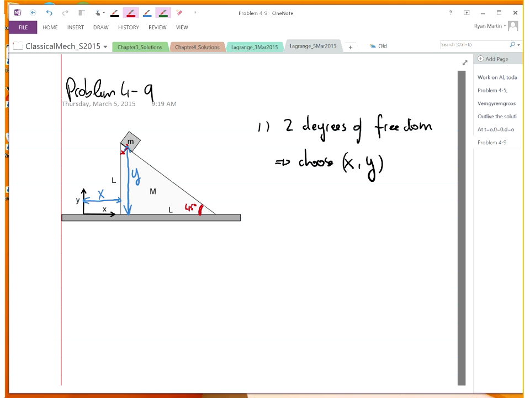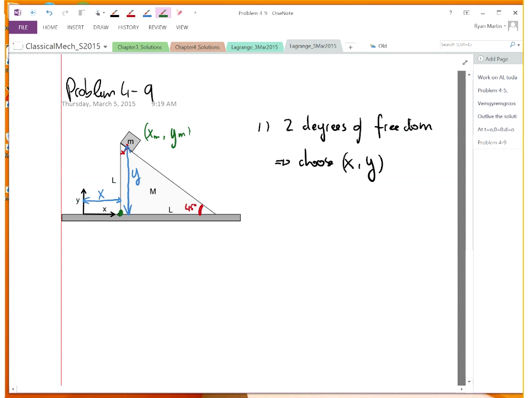I'm going to label the position of the small mass X sub m and Y sub m. And then the big block M, I'm going to label by where its corner is.